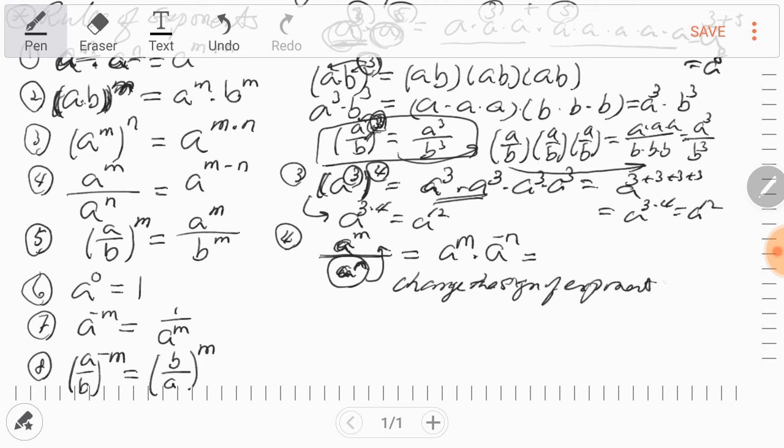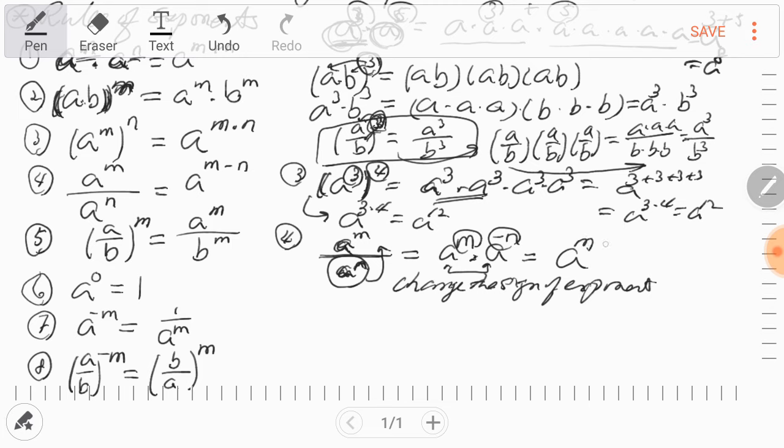So once we move a position from denominator to numerator or numerator to denominator, then we've got to change the sign of the exponent. Then by using the first rule, same base, so we add. We are multiplying two exponential forms with the same base a, then add the exponents.